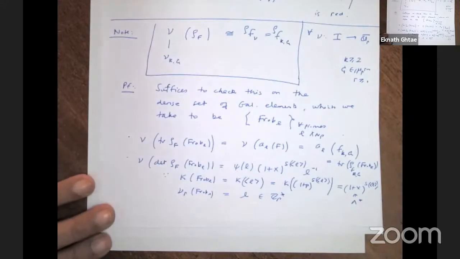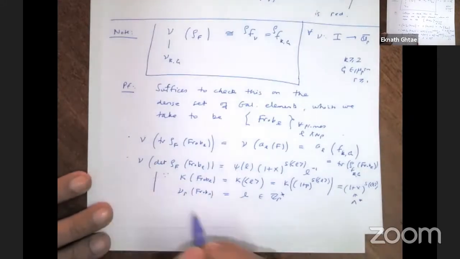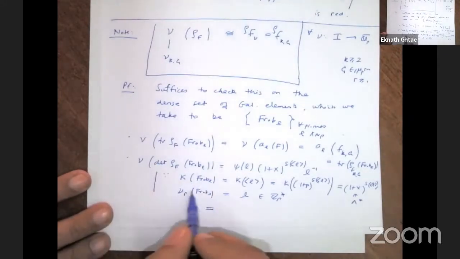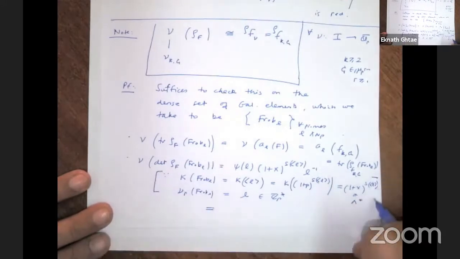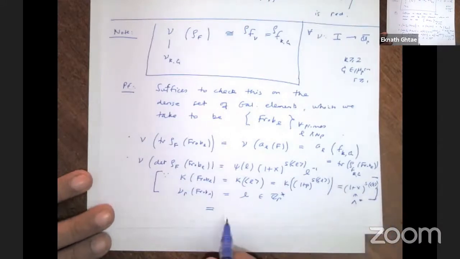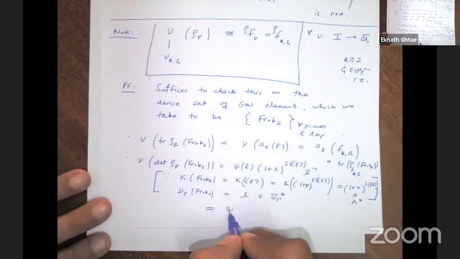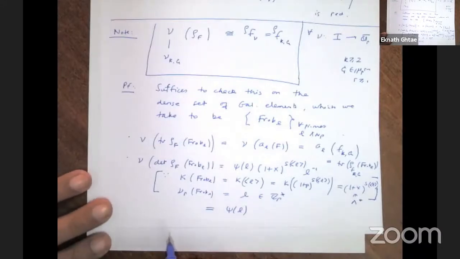So let us move on, which is equal to, now this is a separate computation, this is just a remark, psi of L times, well, let us do a specialization. We're specializing under nu, right?